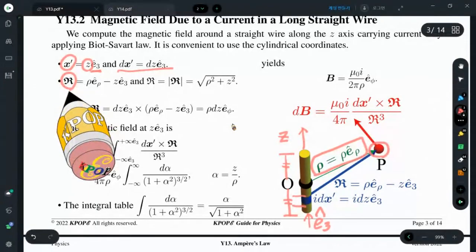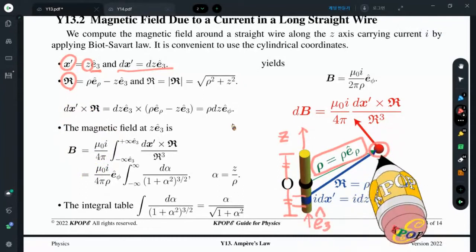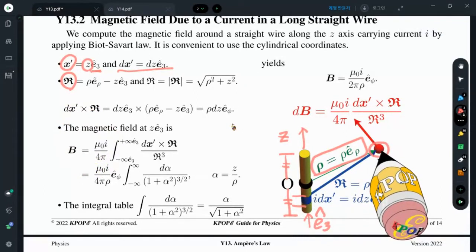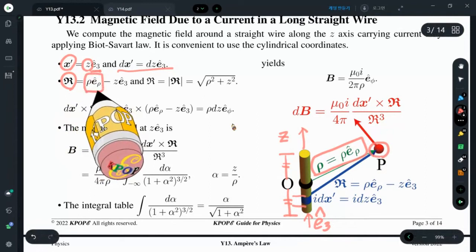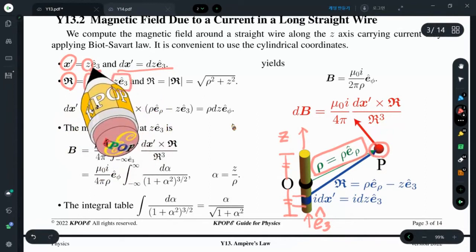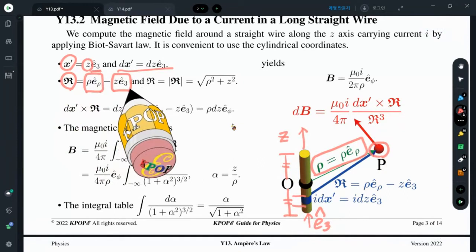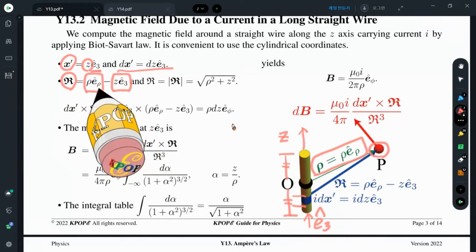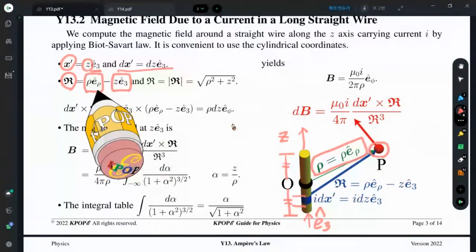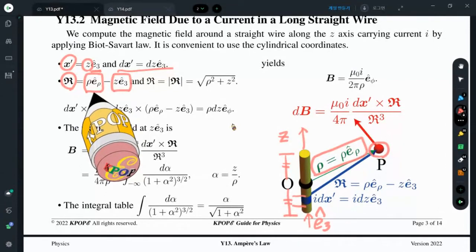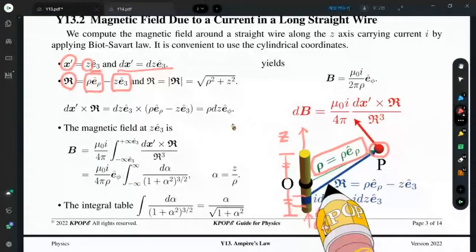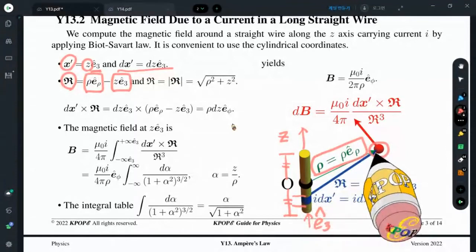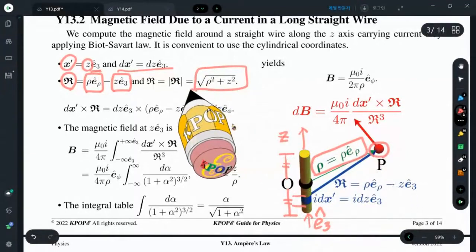So the displacement from the source to the field point is the field point vector subtracted by the source point vector. E rho is a unit planar radial vector that does not have any z component. Therefore, the magnitude of this displacement is the square root of rho squared plus z squared.